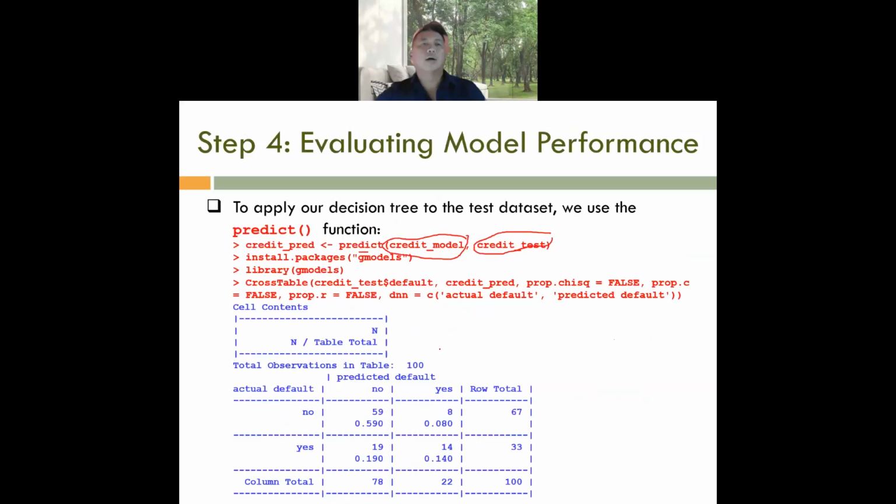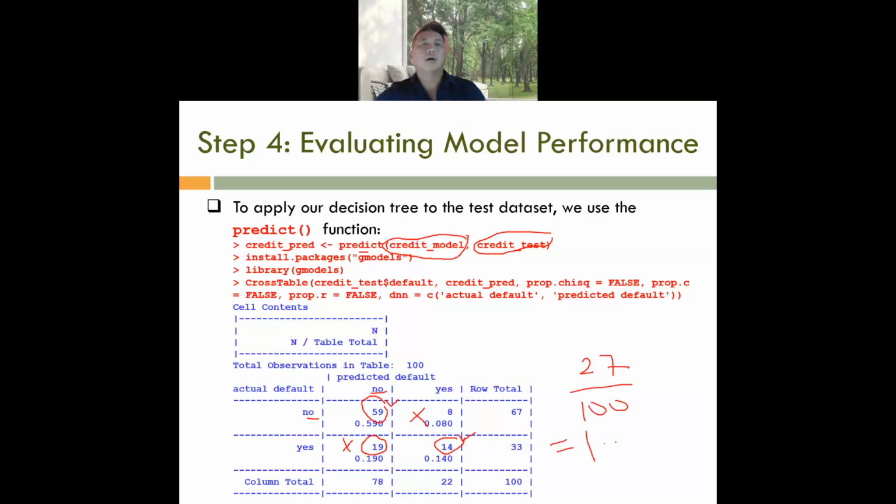When we look at the cross table, this is okay because the actual value is no, and they are predicted as no also. This is not okay because the actual default is yes, but predicted as no.